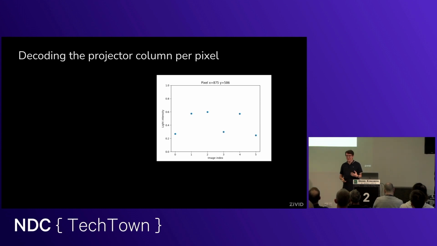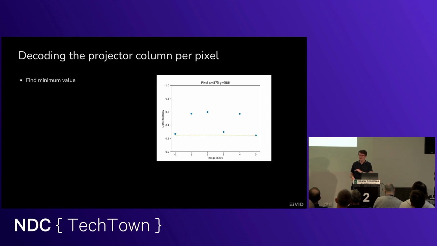So to explain this in more detail, if we take one of the pixels in the image, just chosen randomly here, we can see the light intensity on the y-axis and the image index on the x-axis. And as you can see, the light will be on or off with some noise. Especially in the real world, there will be a lot of noise in these images. So the algorithm that we're going to implement works as follows.